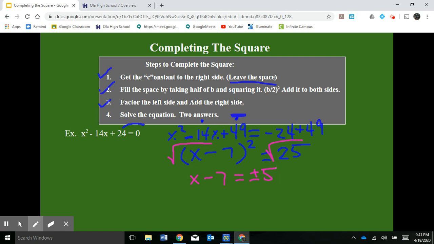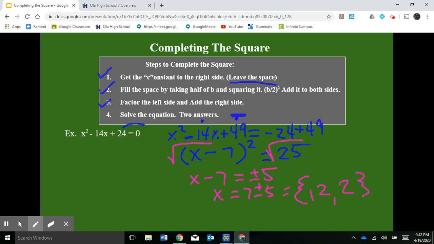Now it turns into a linear equation, so I want to move that 7 to the other side. x equals, since it's a negative 7, 7 plus or minus 5. So the two answers I'm looking for, this is the solution: 7 plus 5 is 12, and 7 minus 5 is 2.